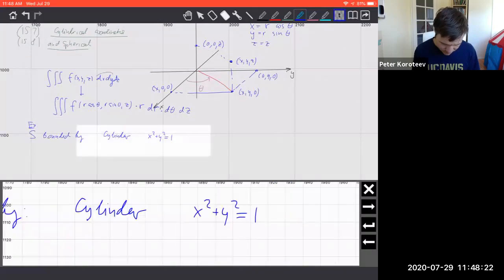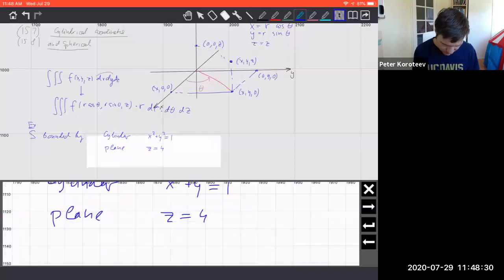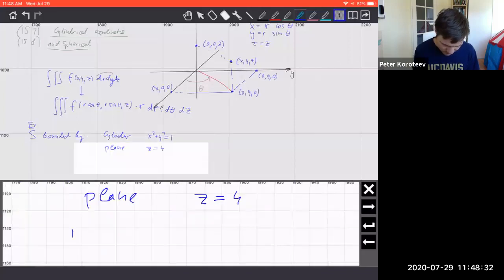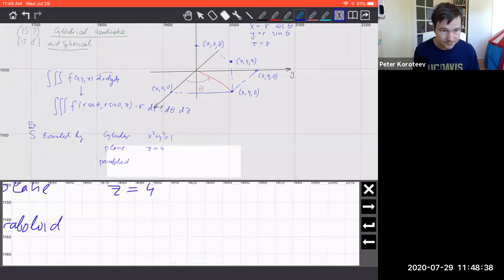And then it's bounded by the plane z is equal to 4. And it's bounded by the paraboloid z equals 1 minus x squared minus y squared. So it looks like this.